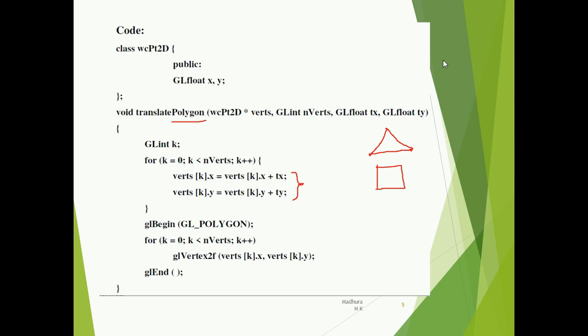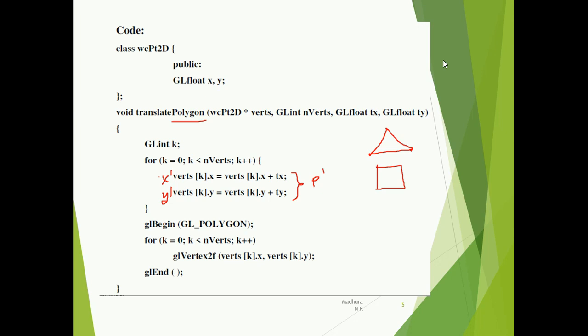So let us see the code. Vertex position, a new x dash, you can say. Suppose if you are actually moving a point, then you are actually calculating p dash, and this may be the new x dash and y dash values. How do you calculate x dash?